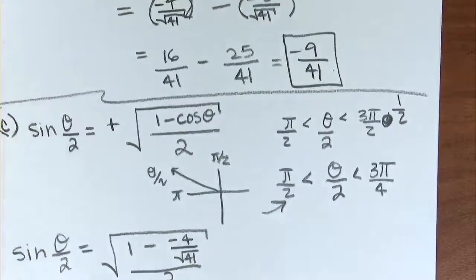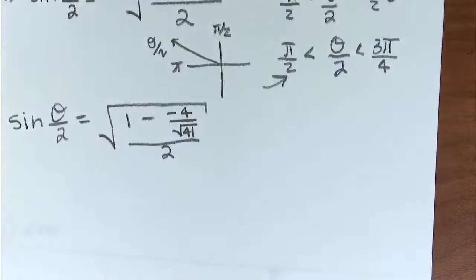So now cleaning up a little bit and trying to simplify this so it looks a tiny bit better, there's a couple issues. First of all, you see this turning into just a regular 41? You're not allowed to have a radical down in the bottom like that. So we're going to go square root of 41 times square root of 41, making that bottom 41. Therefore, I'm going to change this into 41 over 41.